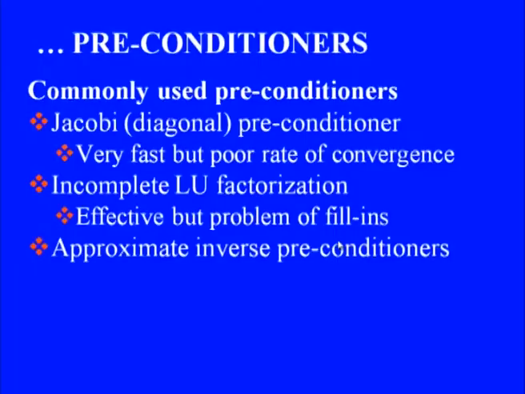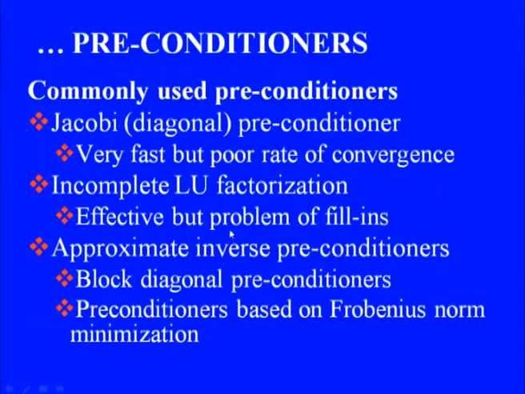The next subcategory of preconditioners is what we call approximate inverse preconditioners. What we said is that if our preconditioning matrix M is close to our system matrix A, then that would result in a very fast convergence rate. That is what approximate inverse preconditioners aim at.